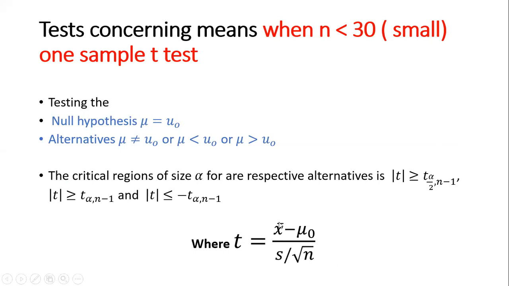Is that okay? We either reject or not, depending on whether the computed value is less than the table value, or its p-value is less than the corresponding p-value of that value.